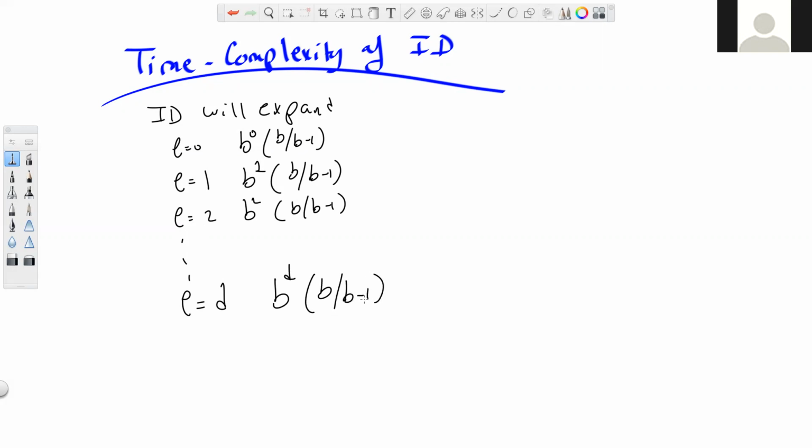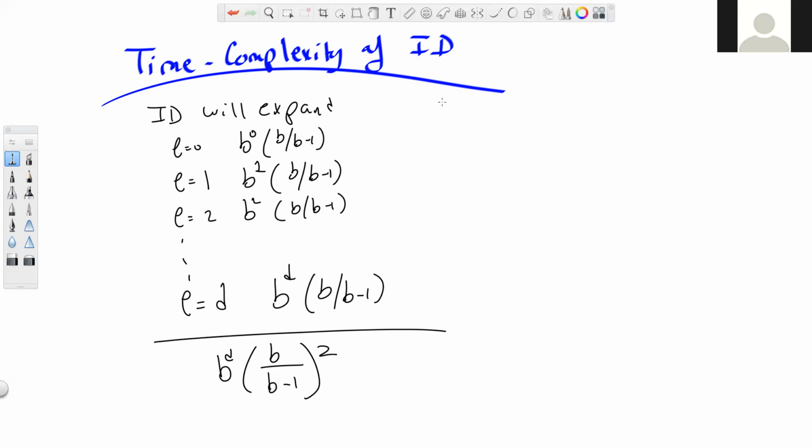Okay, now I'm going to show you a surprise, a quantitative surprise. We're almost done, give me just a second here. We're going to add these guys up. If you add these guys up, you do it at home, but what you're going to get is the following: b to the d times b over b minus 1, squared.